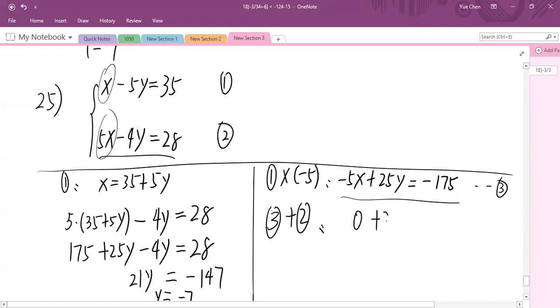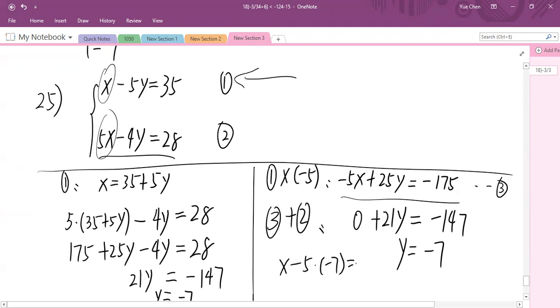It would be plus 21y equals -147. So y equals -7. Then you plug into the first equation. So x minus 5 times -7 equals 35. So x equals 0. Then you will have the same answer, right.